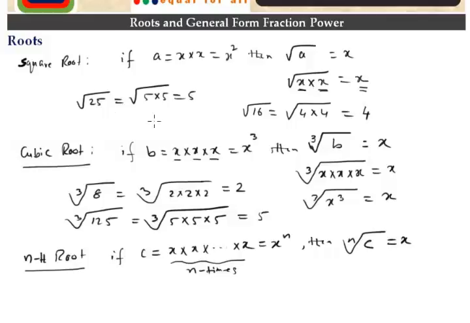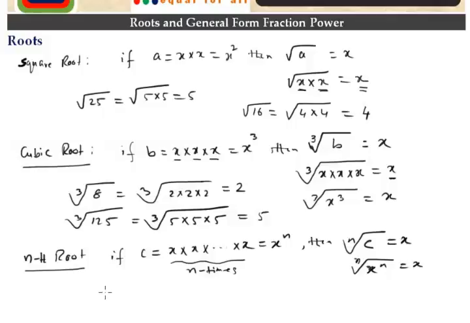So for example here, square root means actually 2nd root, second root. So with 2 times multiplication we can take 1 out. Cubic root is actually third root, n value is 3. That means when within the root the same value is multiplied thrice, we can take 1 out. Nth root is when within the root we have x to the power n, we can take 1 out.